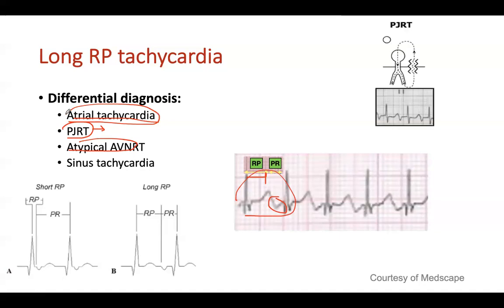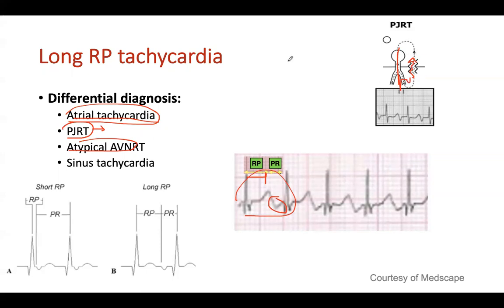For people who don't know what PJRT is, it just means that there is an accessory pathway that conducts retrograde. So this is your AV node, and that's the accessory pathway, conducting retrograde, and slowly. So the tachycardia goes down the AV node, so you have a QRS, and then by the time the atria activate, they get activated late because that accessory pathway conducts backwards late.